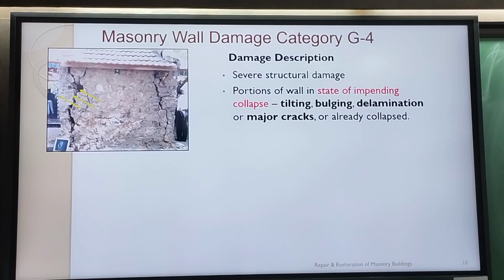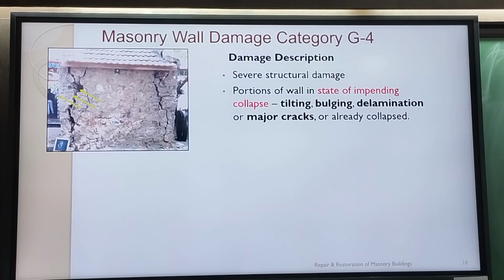Portions of wall in state of impending collapse, as I mentioned earlier. So, portions of wall can be tilting. Okay, you can see some part of the wall, a long wall like that, part of it is detached and it's tilting. And a little bit of shaking and it can go down. Bulging, thick walls. If you have stone walls which are about 18 inches thick, okay, if you remember I said that when you build a stone wall, stones have to be placed so that there is interlocking.